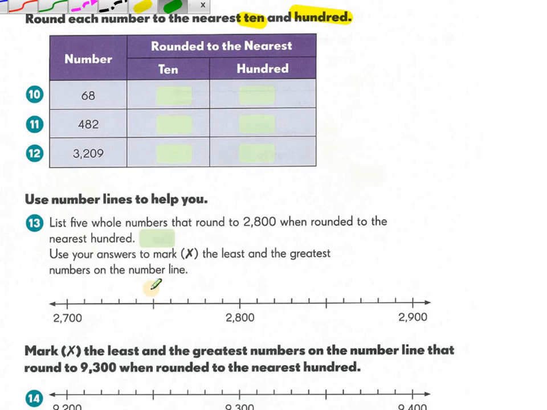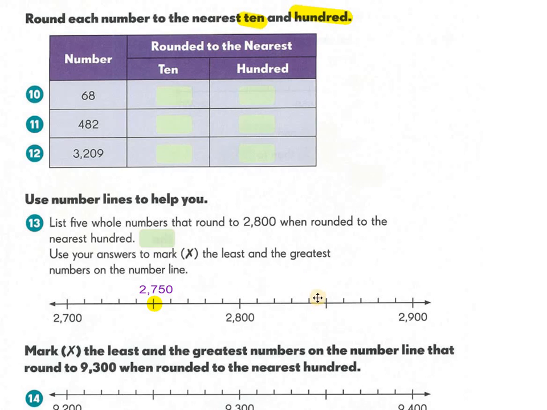So what numbers between here and here? This would be the least number, and this would be the greatest number. I want you to pause and figure that out. Okay, I marked the least number. 2,750 is the smallest number that could round up to 2,800.